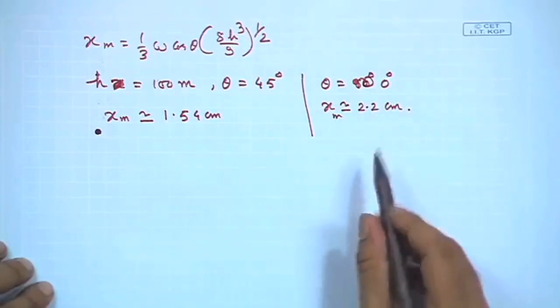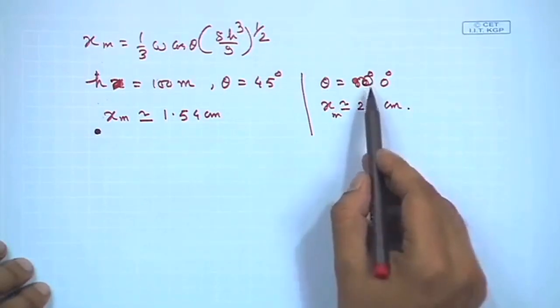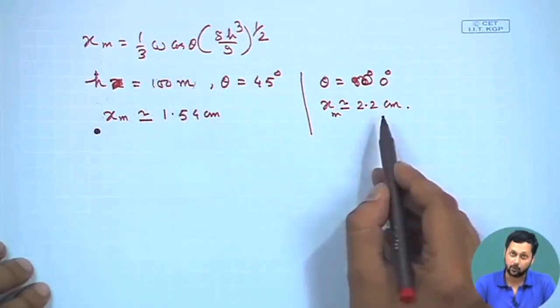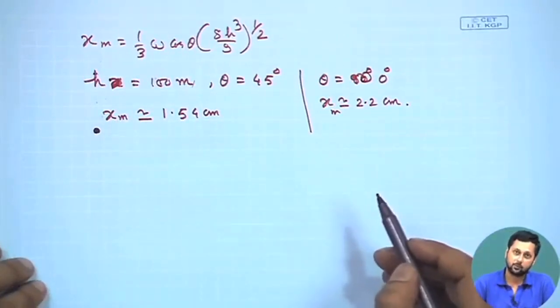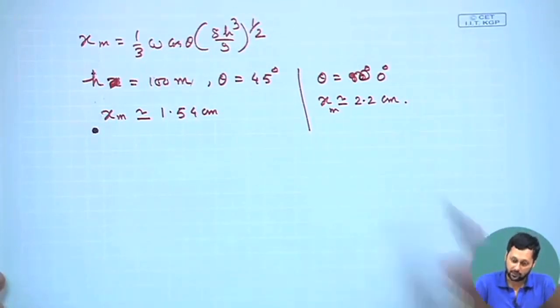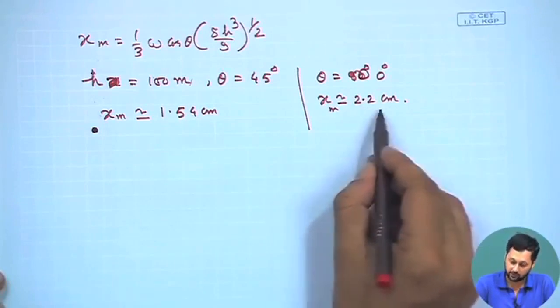So, you see that the deviations are small compared to a height of 100 meters. But now consider the case when the object is dropped from a height of a few kilometers, then these numbers are not small. These are significant numbers.